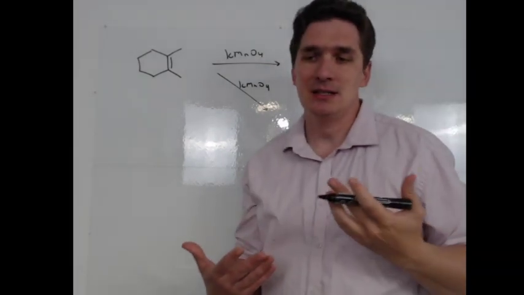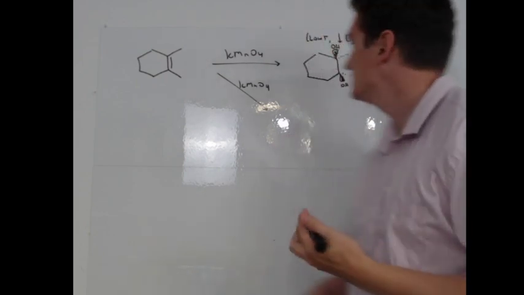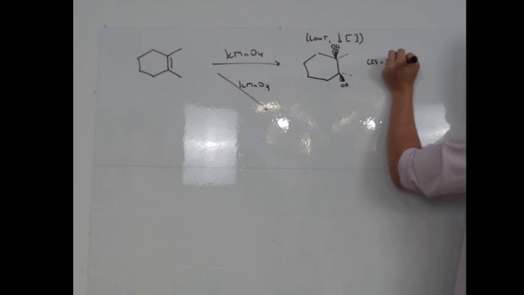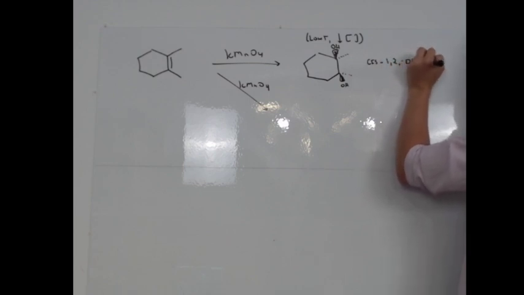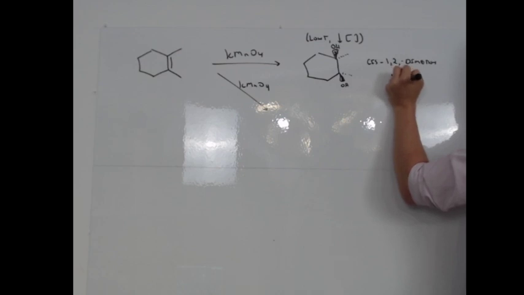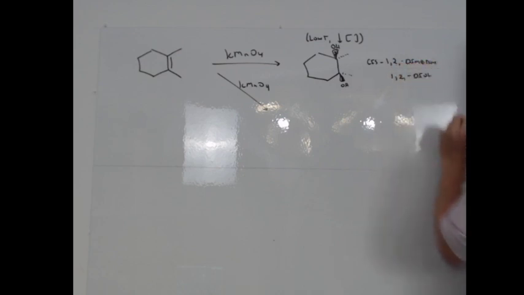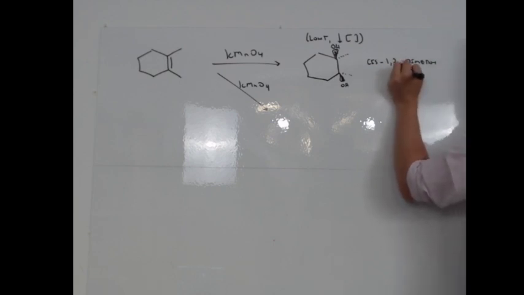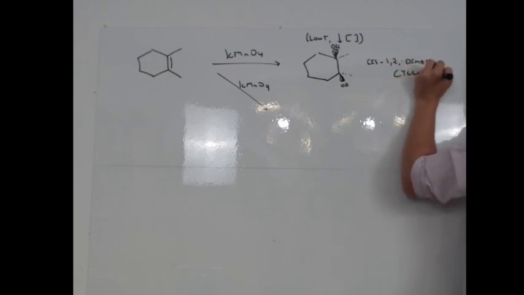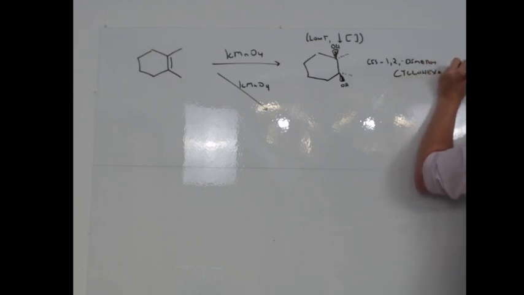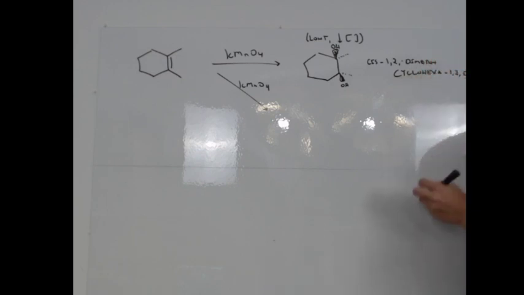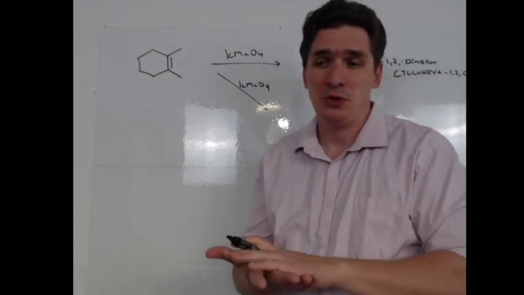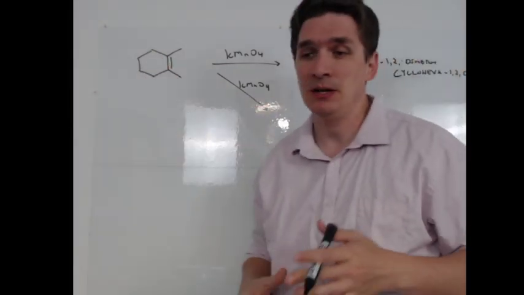So this is going to be a cis-1,2-dimethylcyclohexane-1,2-diol. Now, the reason it's a syn addition is that the potassium permanganate reacts on one side of the double bond.